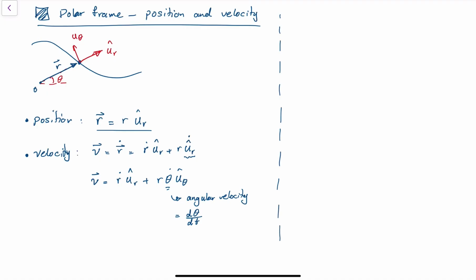Let me draw a box around it so you know it is important. One thing to always remember, velocity is tangent to the path. Velocity has to be tangent to the path. That's the definition, or a very fundamental property.